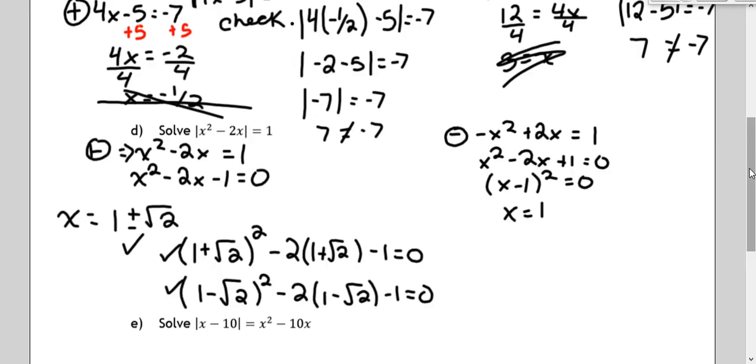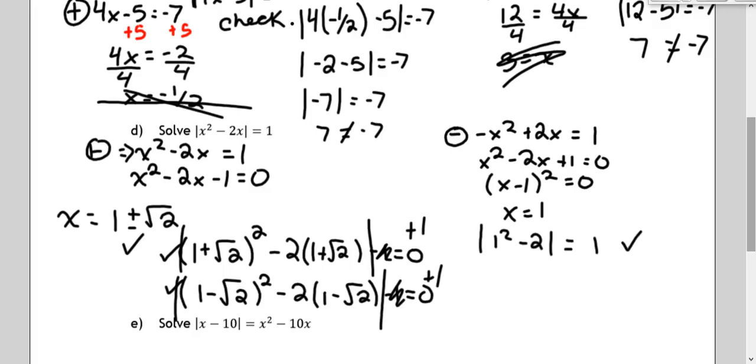If we sub it into the original, we have to sub it into the original absolute value. That's my bad. So then this should have absolute value brackets here, and this should be plus 1 here. No worries, easy fix. So then 1 squared minus 2 equaling 1, and this works as well.